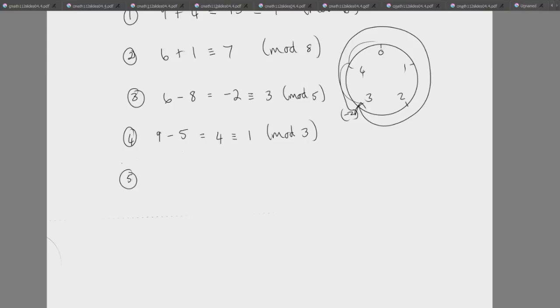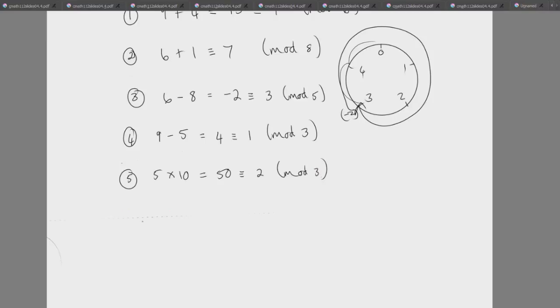Number 5 is 5 times 10 mod 3. 5 times 10 is 50. What is it mod 3? When I divide 50 by 3, what is left? Well, I know I'm going to use 48, and 2 will be left.